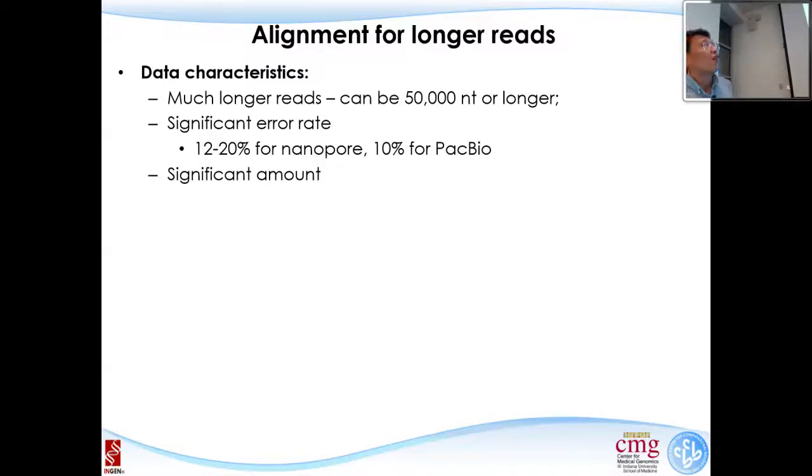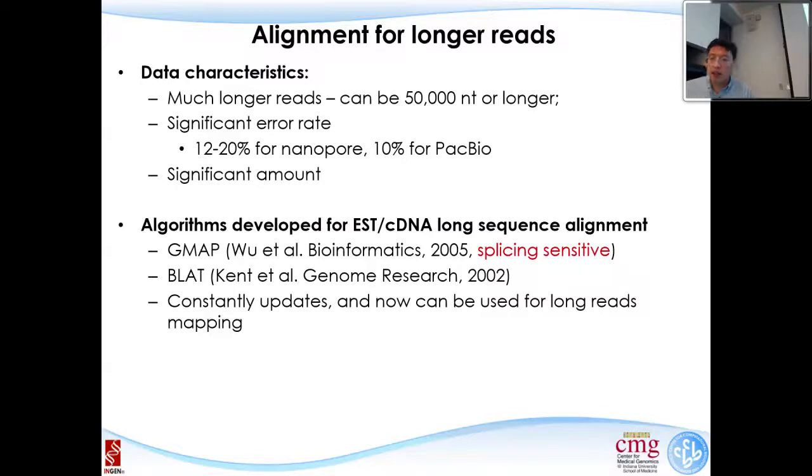It can be 50,000 nucleotides or longer. And they also have a significant error rate. For the nanopore, it's about 12%, and for the PacBio, it's 10%. So it's very significant, and that will certainly impact our quality of sequence alignment. And we also have not one or two such reads, rather a significant amount.